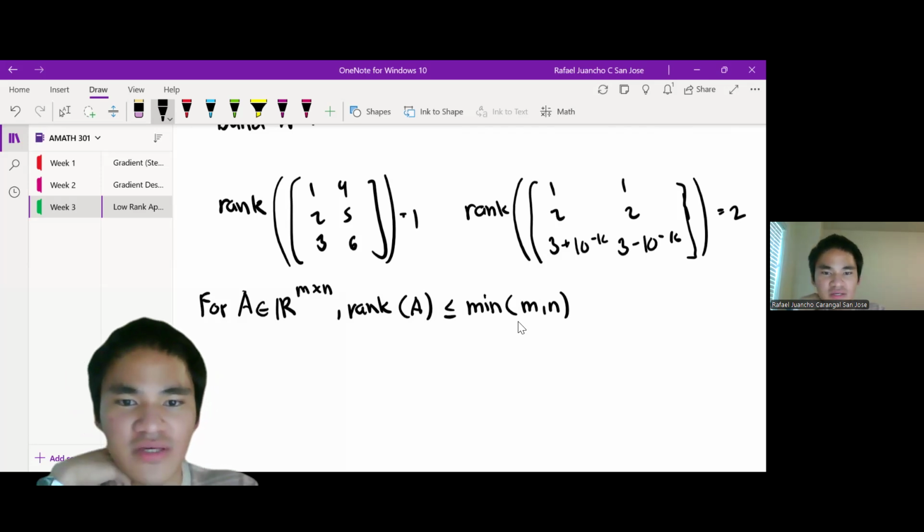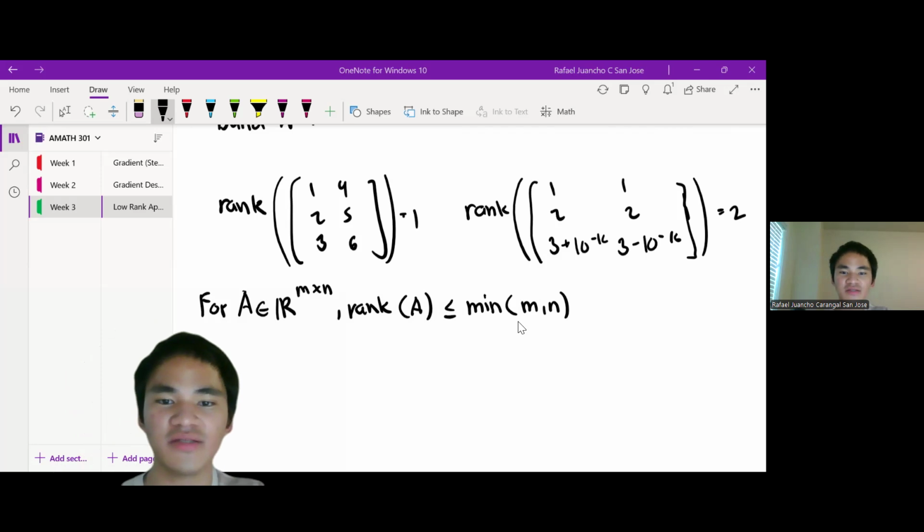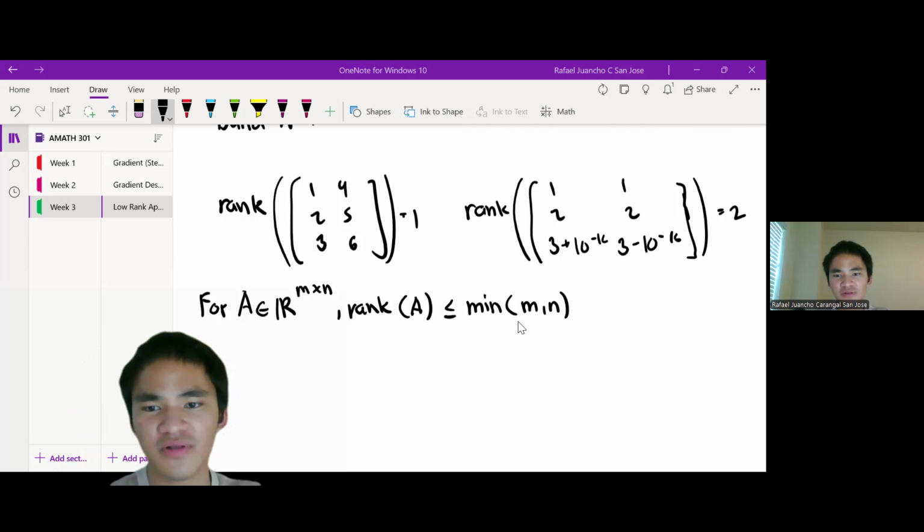So in English, for instance, in this matrix, we only have 2 columns, so we will need a maximum of 2 column vectors to build this column space, right?